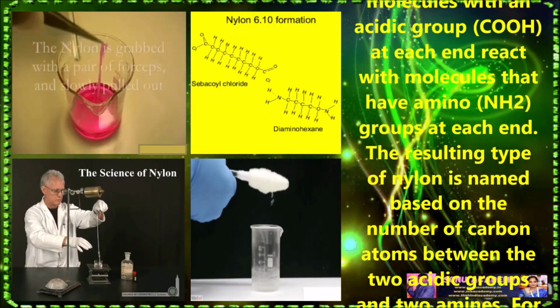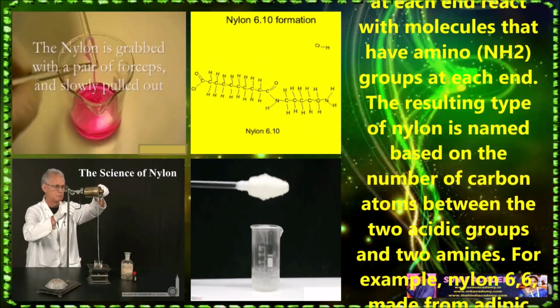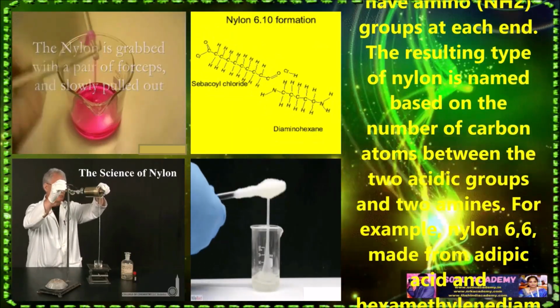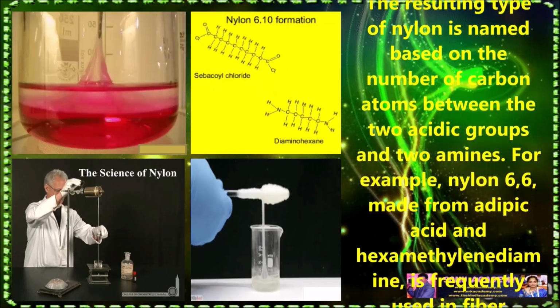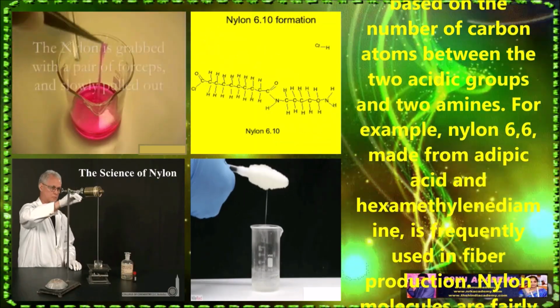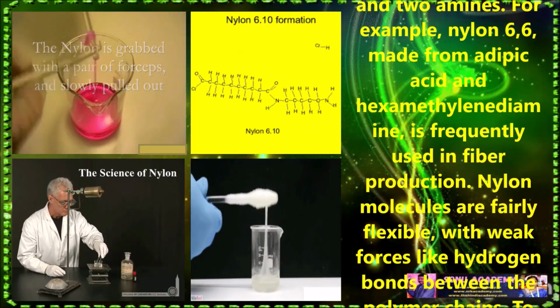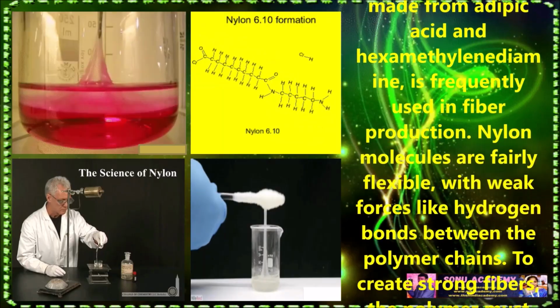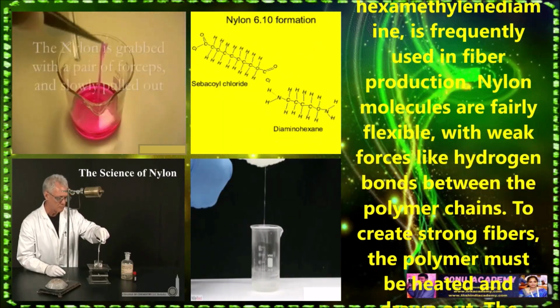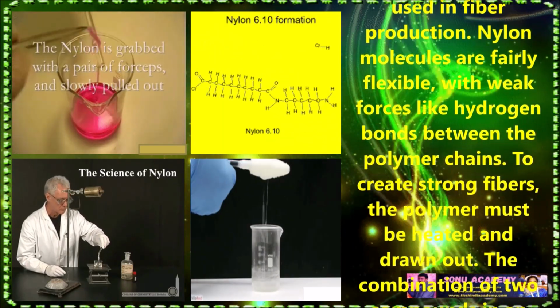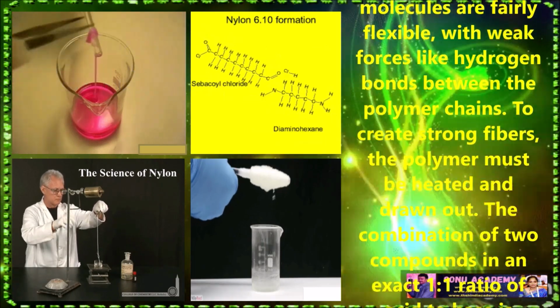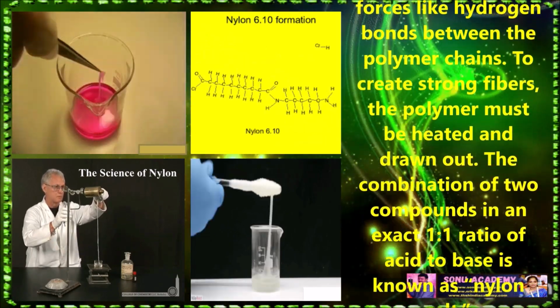The resulting type of nylon is named based on the number of carbon atoms between the two acidic groups and two amines. For example, nylon 6,6, made from adipic acid and hexamethylene diamine, is frequently used in fiber production. Nylon molecules are fairly flexible, with weak forces like hydrogen bonds between the polymer chains.